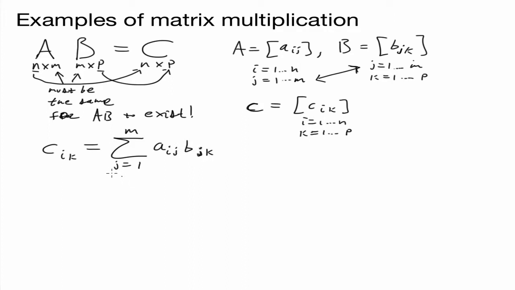We see here that we're summing over the number of columns of A, multiplying all of these columns for every row. So that's a row, and whatever column it is, we simply have to sum over these products of A and B.